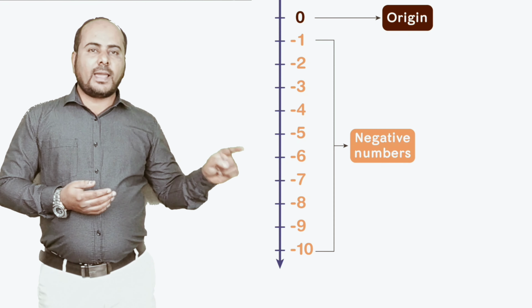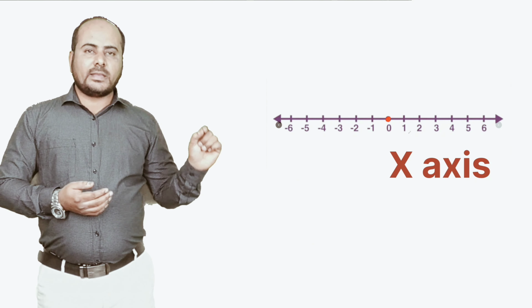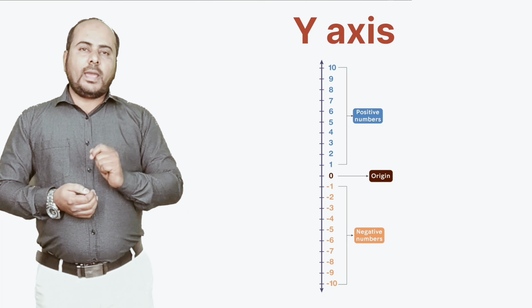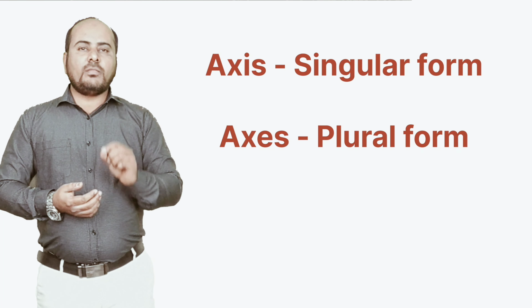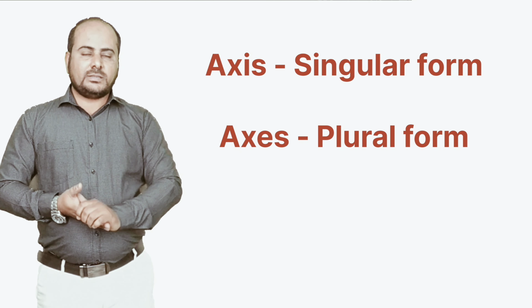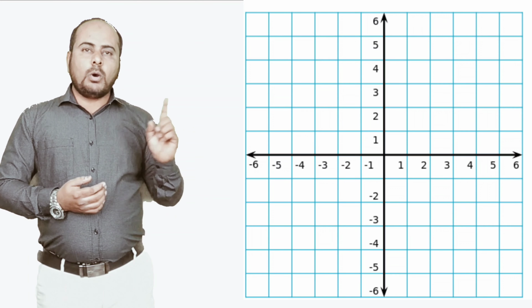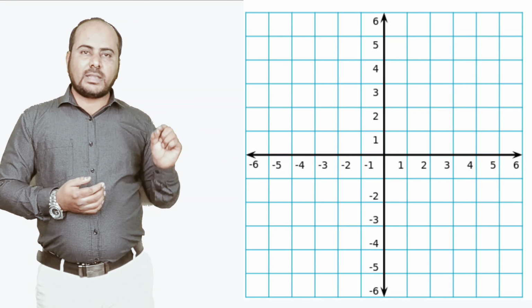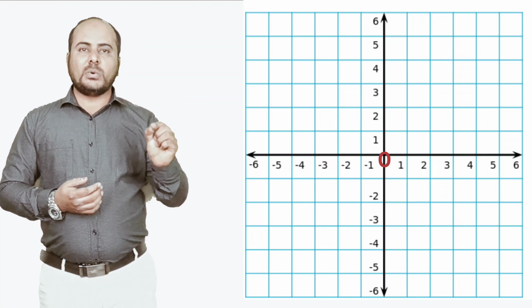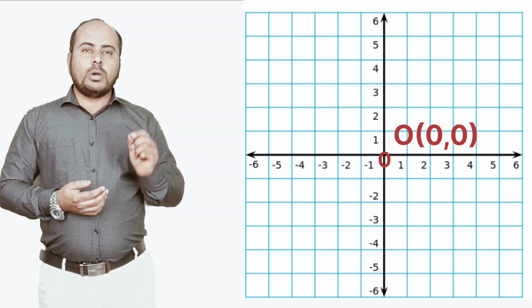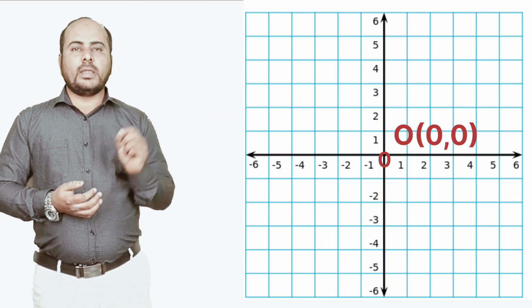The horizontal line is called the x-axis and the vertical line is called the y-axis. The plural form of axis is axes. So here we have the x-axis and y-axis. Both axes intersect at a point, that is 0. Hence, this point is called the origin. It is denoted by O.